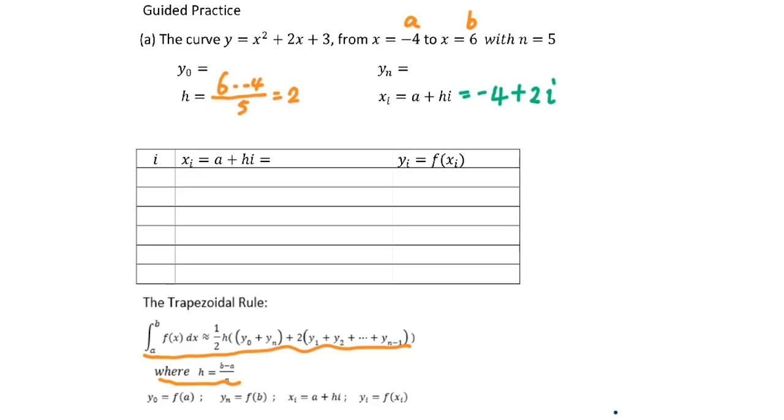Then you can work out, from the very beginning, y0 and y sub n. y sub 0 means f of a, and y sub n equals f of b.